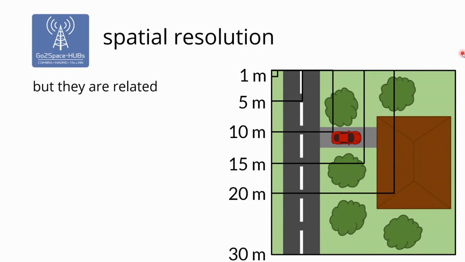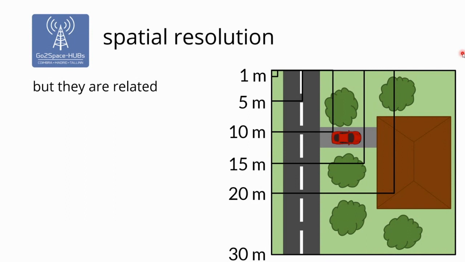So just to quickly introduce how to learn what will be the smallest object we can see with, for example, a 1 meter pixel. It will be about 3 times bigger. So to see an object of 3 meter size, we need a 3 times smaller pixel, like 1 meter, and it's linear.